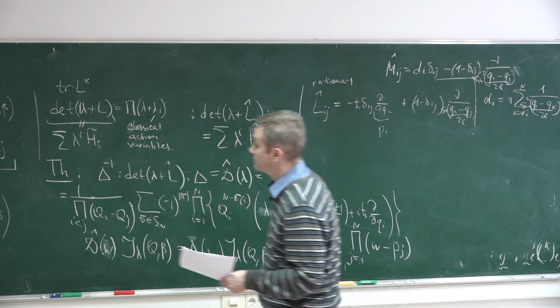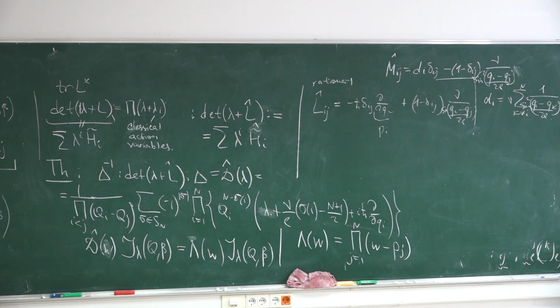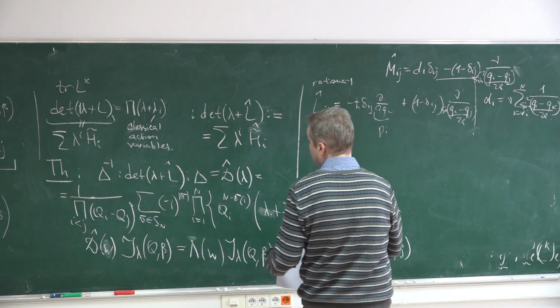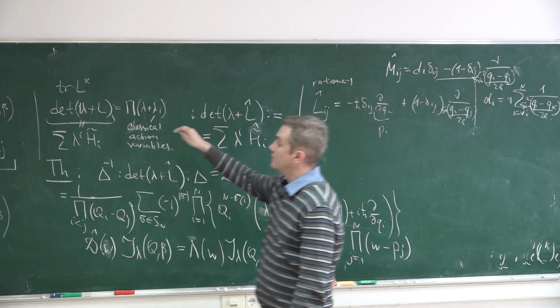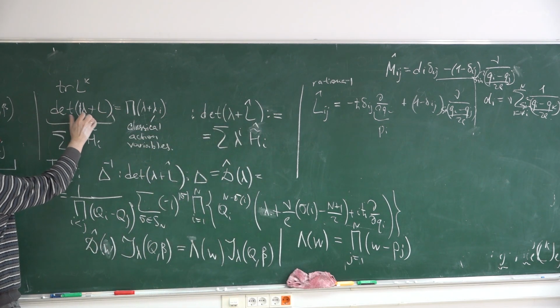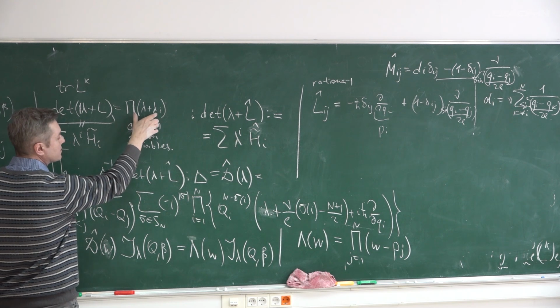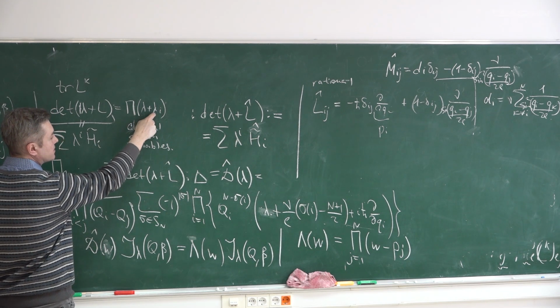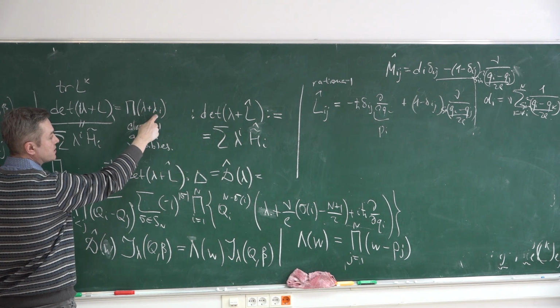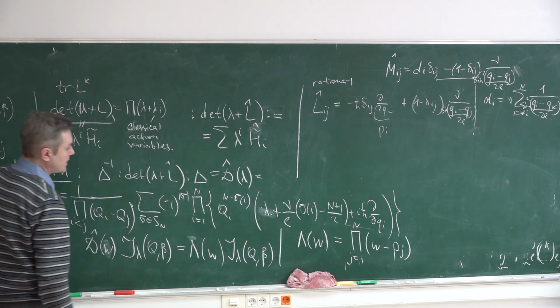Here this p is exactly these quasi-momenta. So this is very similar to what we had in the classical case. In the classical case, this characteristic polynomial for the Lax matrix is an expression depending on the eigenvalues of the classical Lax matrix. So these are just classical action variables.